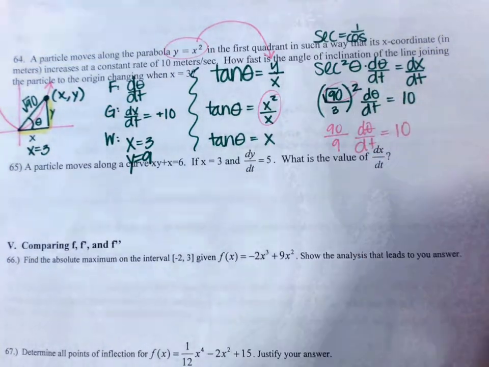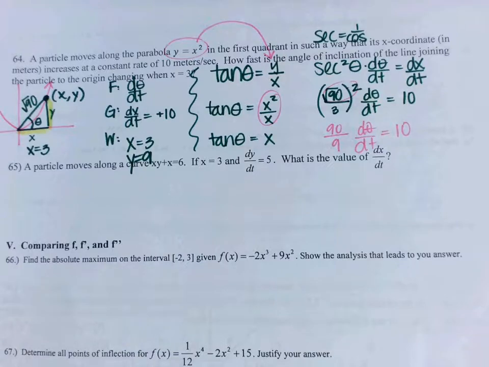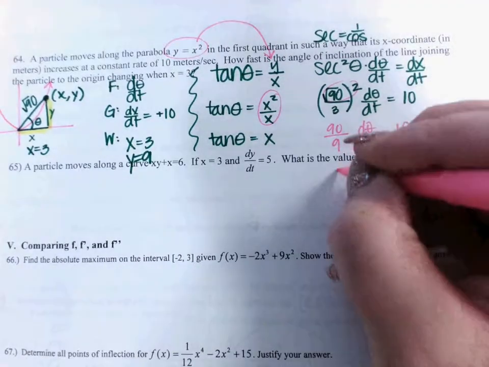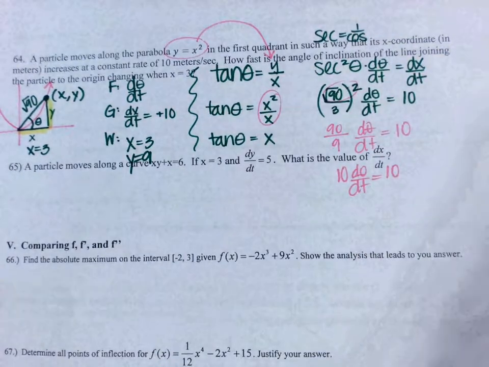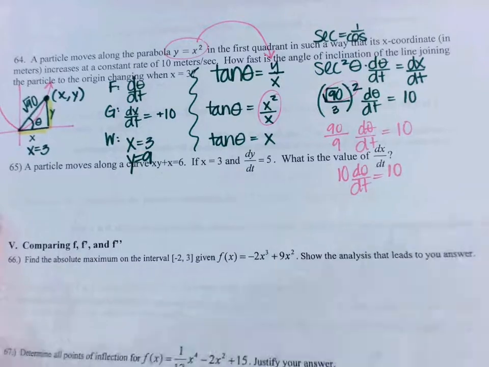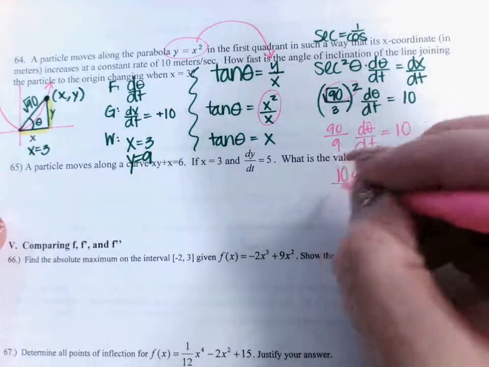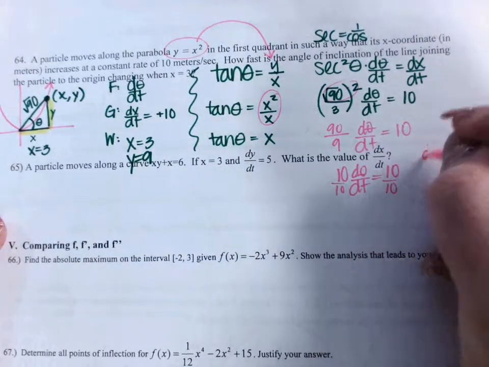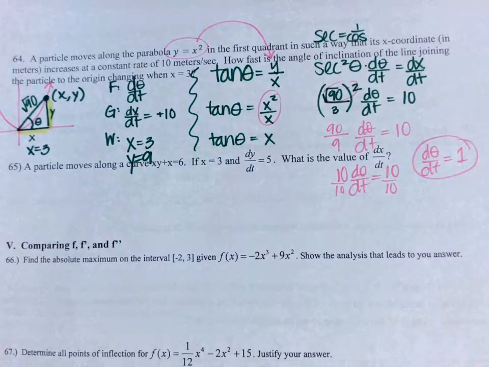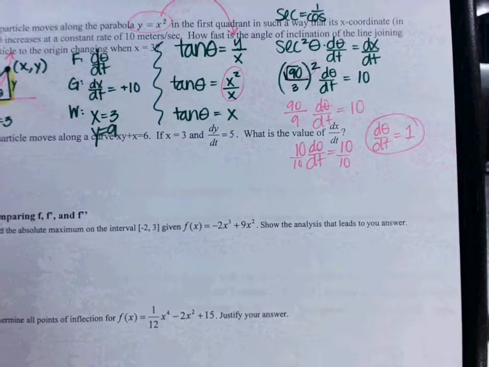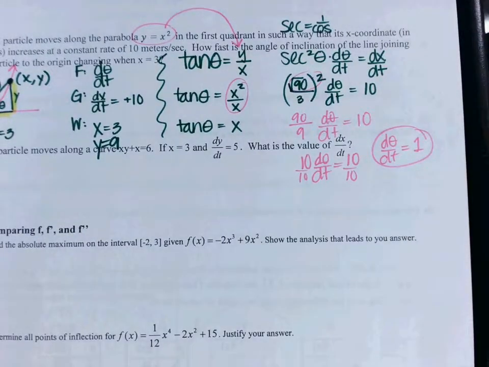And then what is 90 divided by 9 the same as? 10. So then I have 10 d theta dt equals 10. Then d theta dt is what? 1. So divide by 10, divide by 10. d theta dt is 1. Oops, can't see it. Got it?